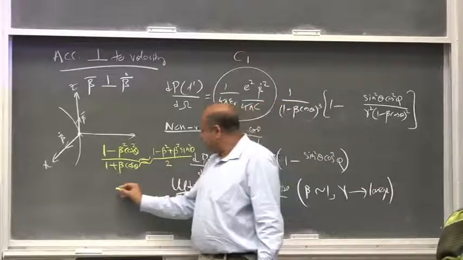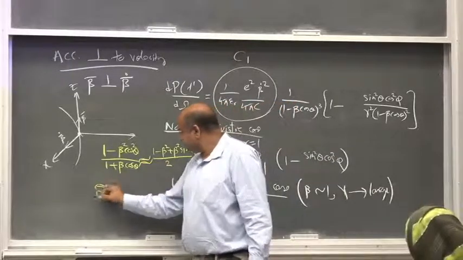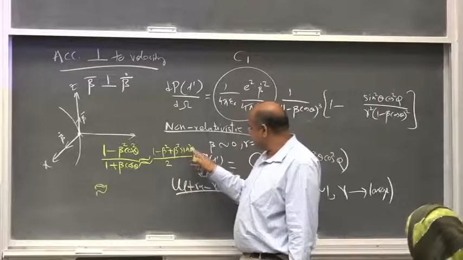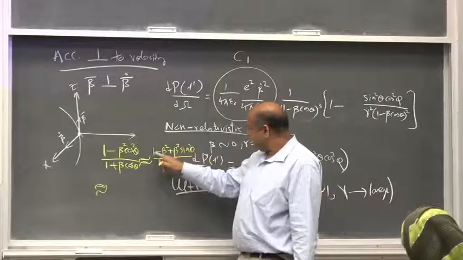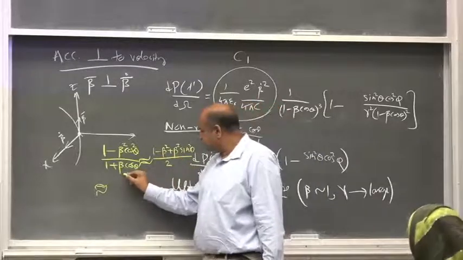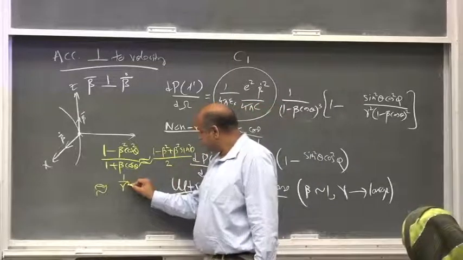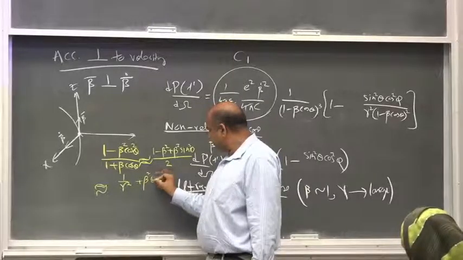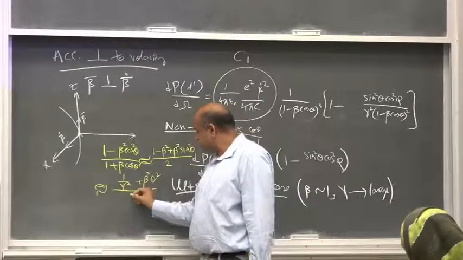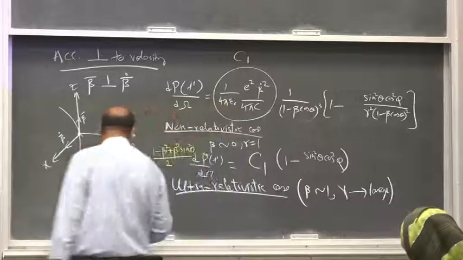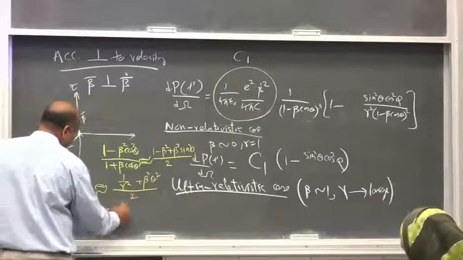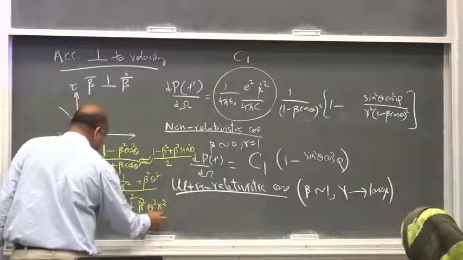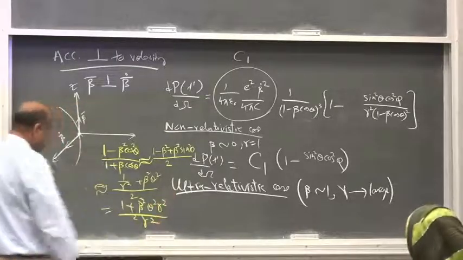And at the same time, I can approximate this sine square theta as just theta square, and this 1 minus beta square is nothing but 1 over gamma square, so plus beta square theta square over 2. So ये gamma नीचे ले जाते हैं, so this is 1 plus beta square theta square gamma square over 2 gamma square.